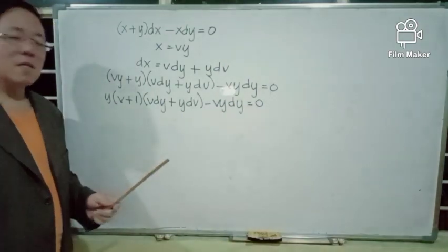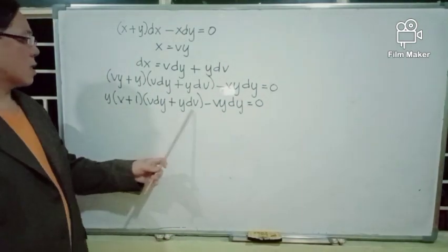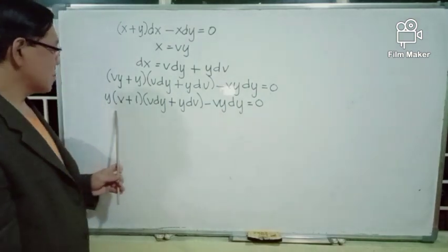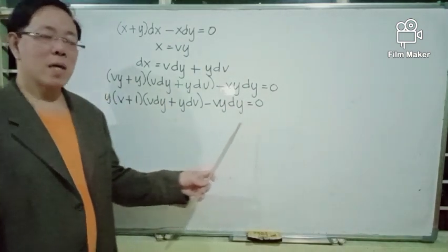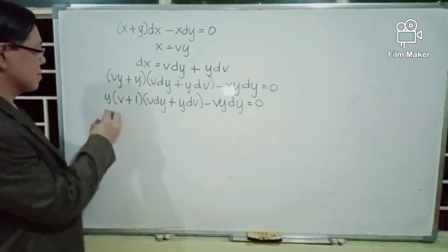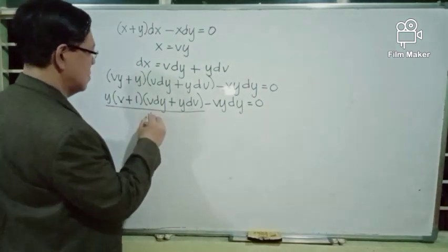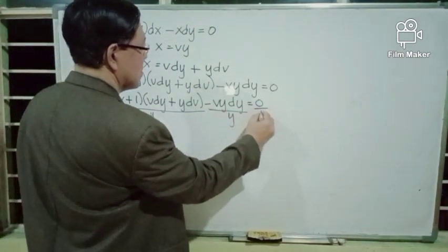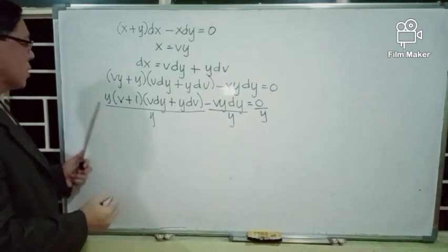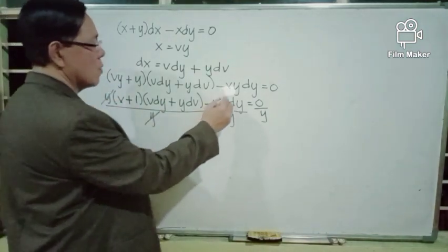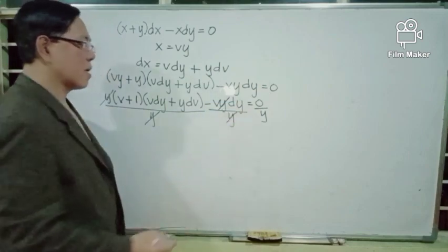Now you can see that the first term has y and the second term has y. So we divide the whole equation by y. Divide the second term by y and the right hand side by y. y will cancel out from the first term. y will cancel out from the second term.